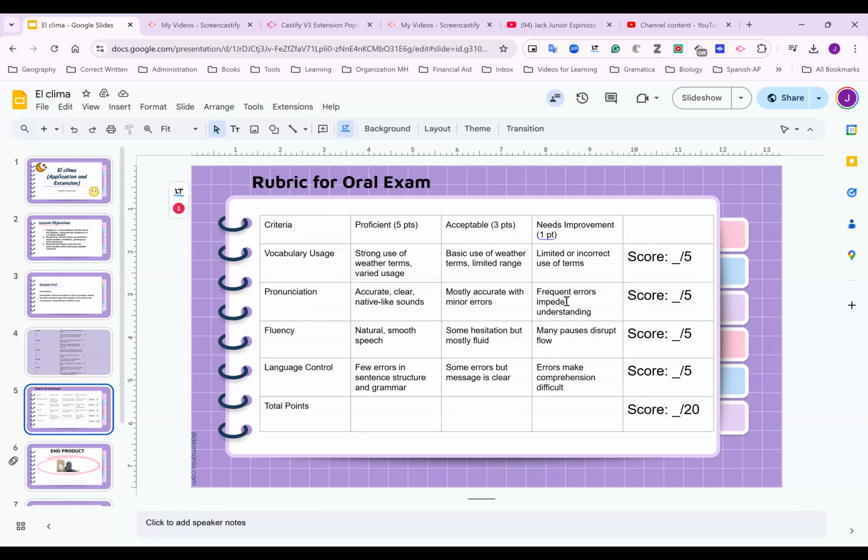So let's go with the third part, which is fluency. Fluency refers to how smoothly you speak. To earn a score of 5 points, aim for a natural flow, with no pauses or hesitations.